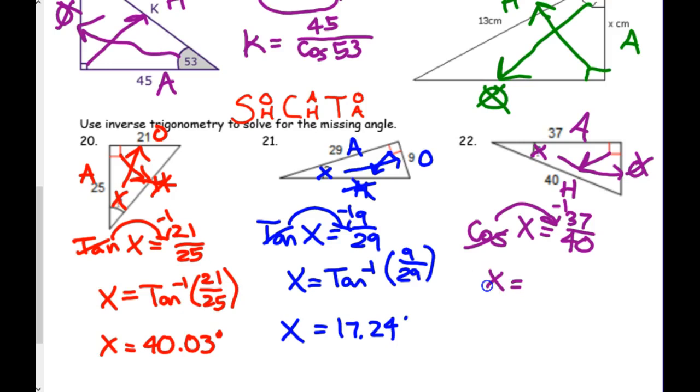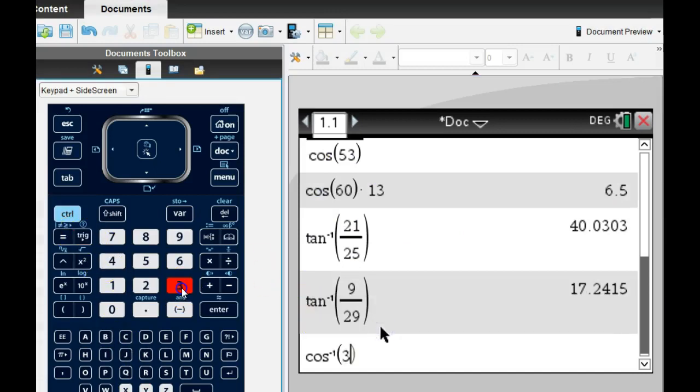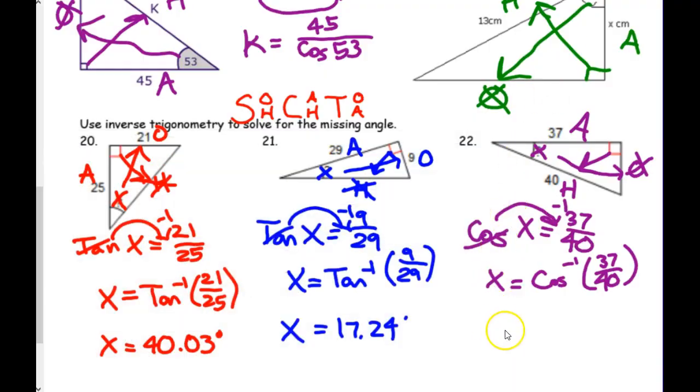So X equals cosine inverse 37 over 40. Back to the calculator. 37 over 40. 22.33. Degrees.